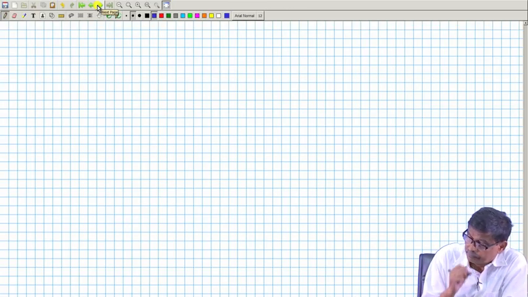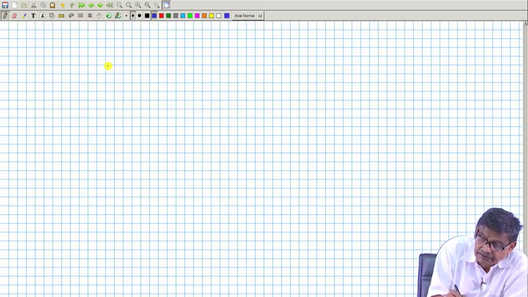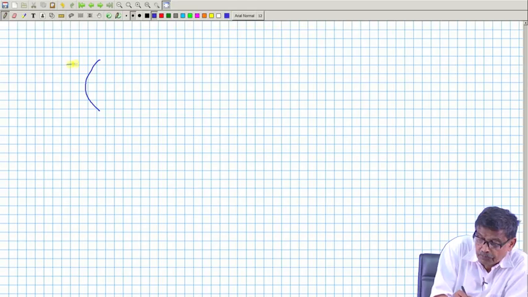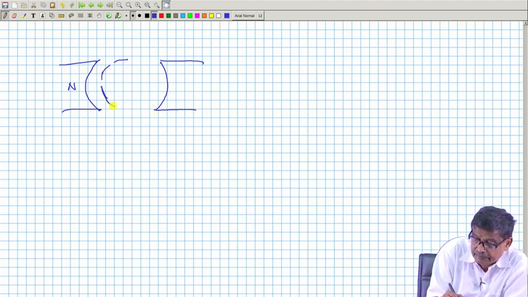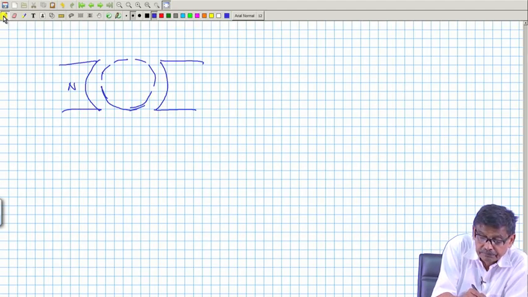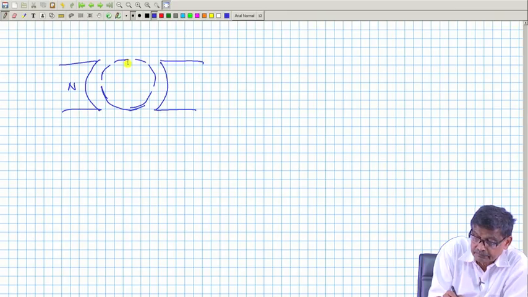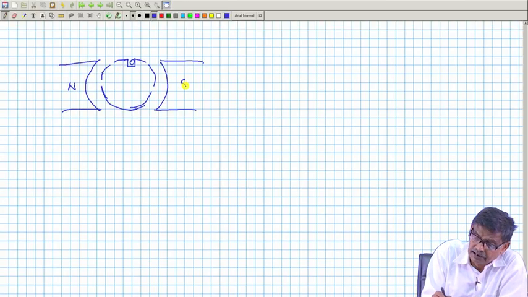If you imagine you have a two pole structure like this, and you have a single conductor, and you allow it to move with certain velocity or n RPS equivalent to that.